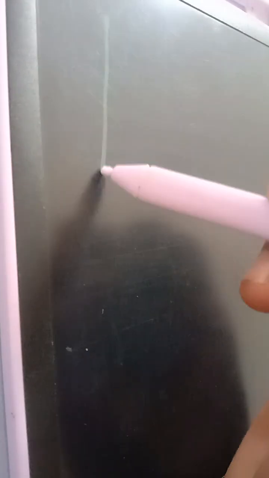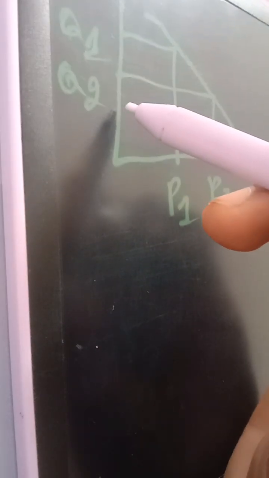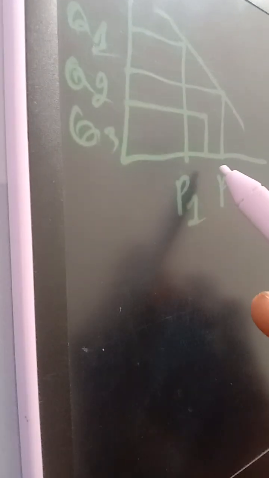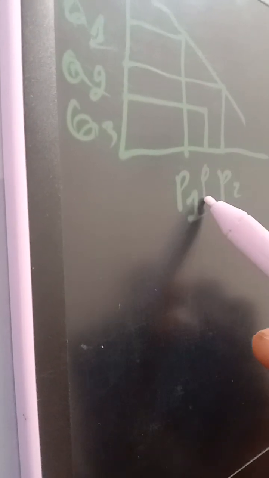So the diagram is normally the demand curve, but it follows like this.